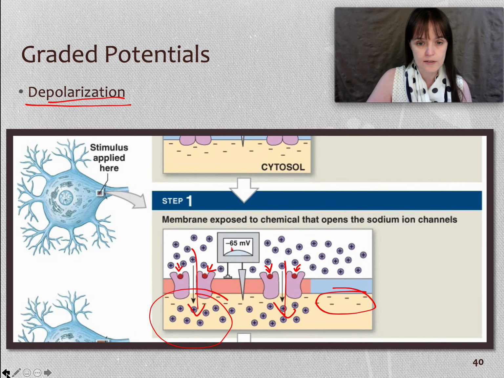Excellent. Now let's change pen color. We don't have purple, so we'll do magenta. Number 3 is peak voltage. At peak voltage, which is plus 30 millivolts, two things happen.